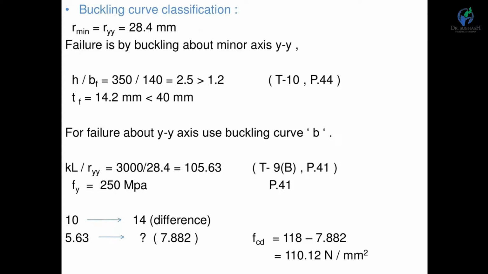Between 100 and 110 the difference is 10. For 105.63, minus 100 gives 5.63. The difference in FCD over 10 is 14, so what would be the difference at 5.63? We get 7.882, which we deduct from the FCD value at 100. Finally we get FCD as 110.12 Newton per mm square. This type of interpolation you have to do between the two values 100 and 110 according to 9B.